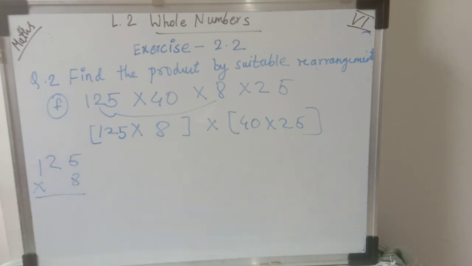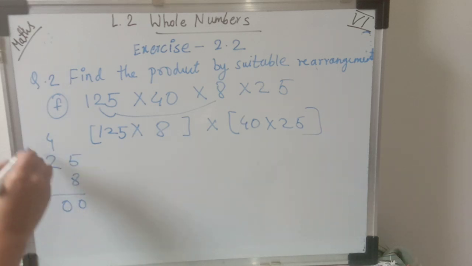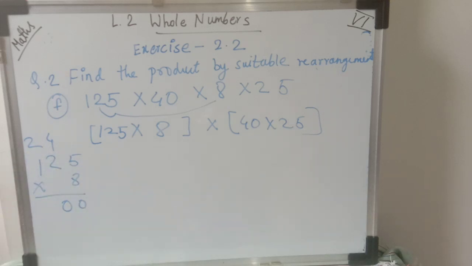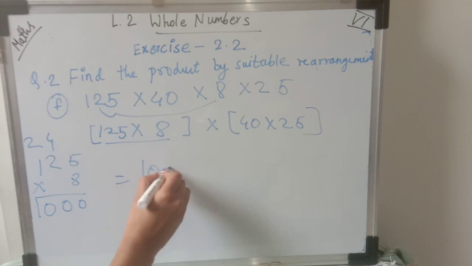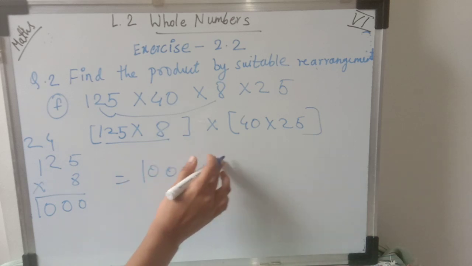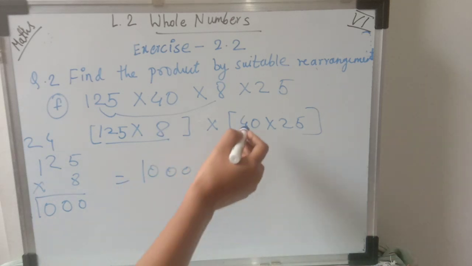Okay, so 8 5s are 40. 8 2s are 16, 16 plus 4 is equal to 20, 2 is here, 8 1s are 8, 8 plus 2, 10. So we got the answer, the product of these two whole numbers, that is 1000. Okay, 1000 multiplied by 40.